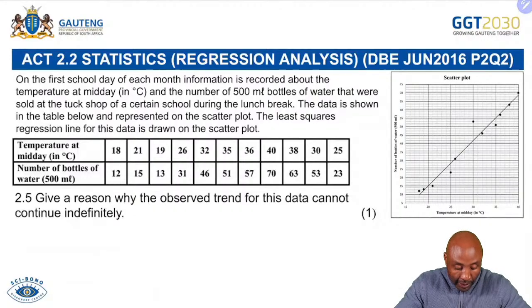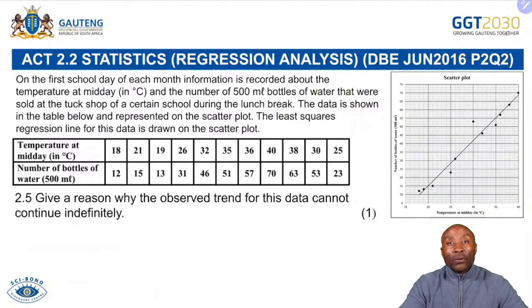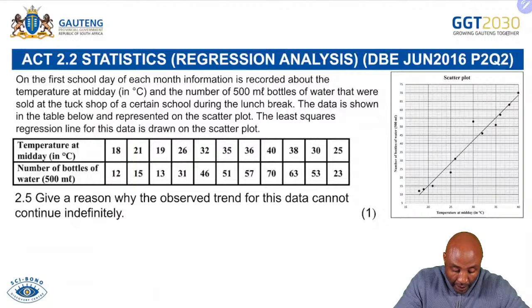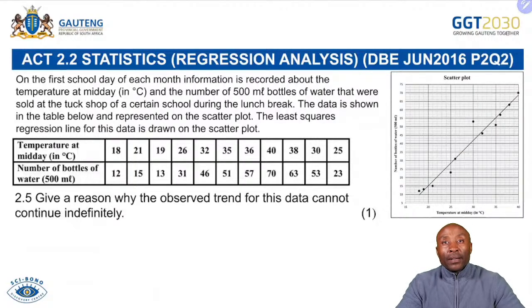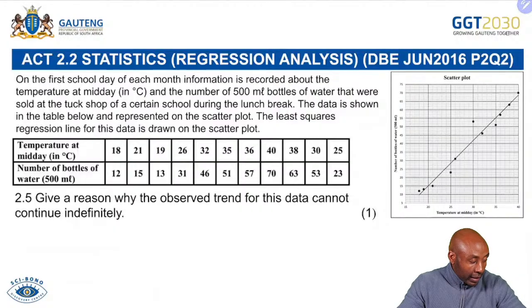Our reason is the temperature cannot continue to increase as this becomes very detrimental to our life. So, as a reason, we said the temperature cannot rise beyond a certain point as this becomes life-threatening.